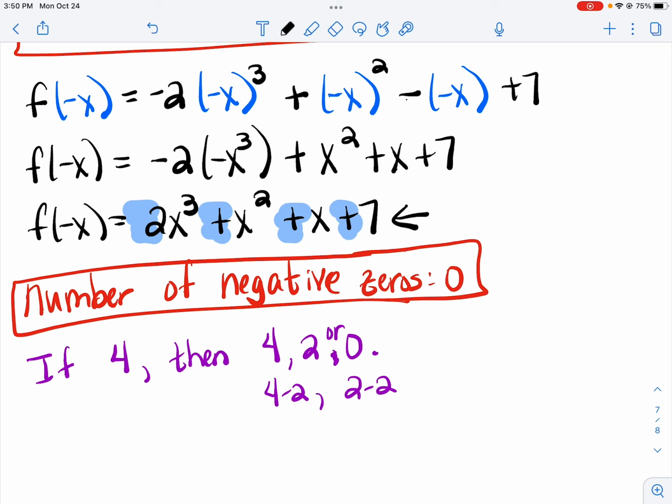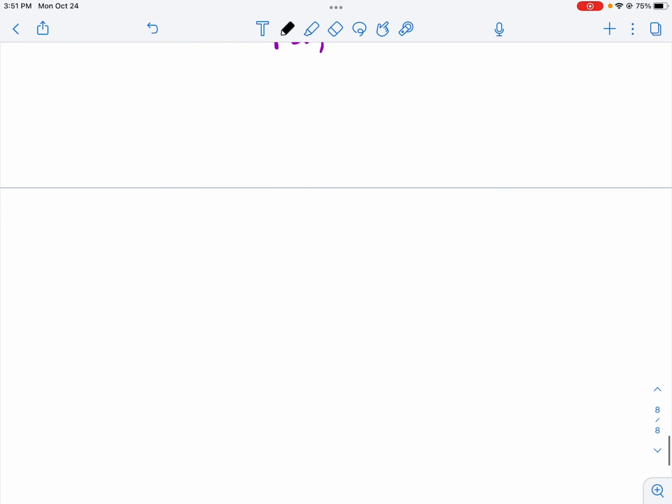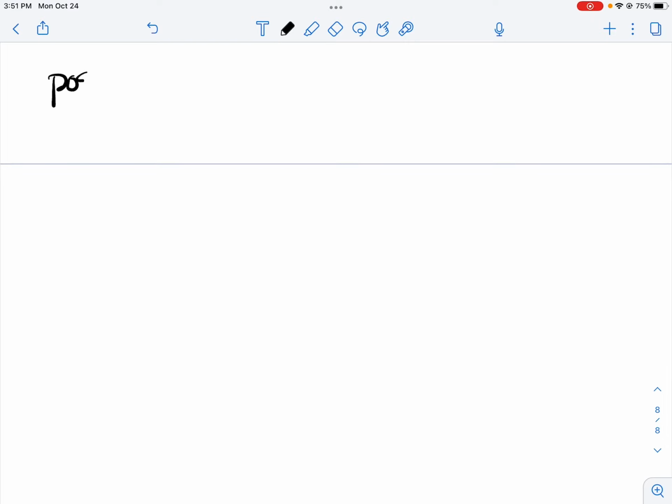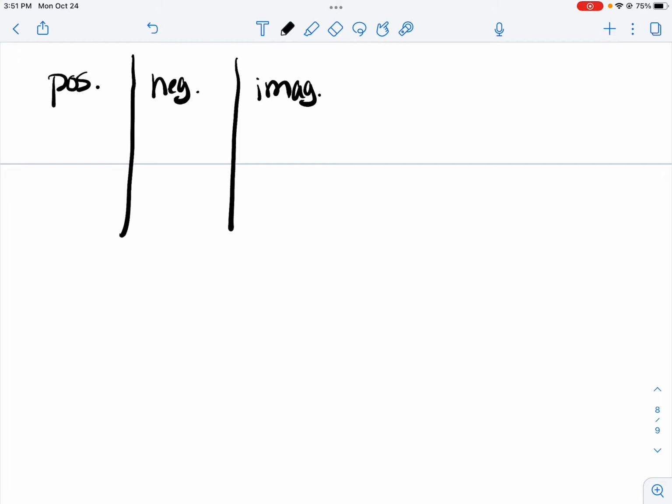Now, the last thing that the instructors may or may not ask on the test, but students will see it in math labs, is how many imaginary zeros. And so what I like to do is make a table. I have a table that has imaginary, positive, negative, and total.